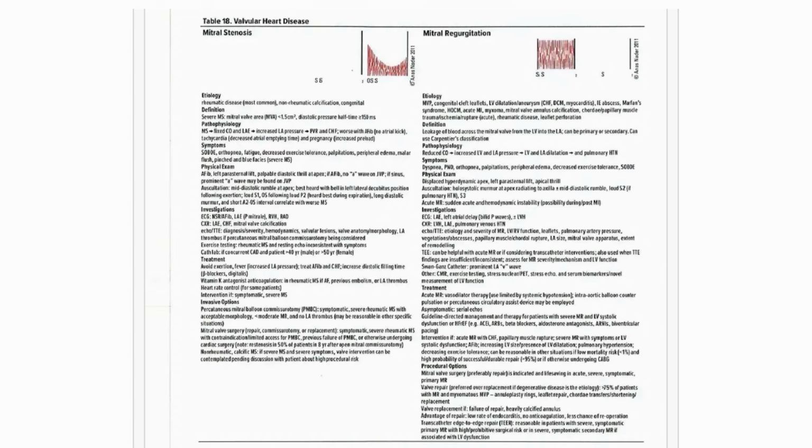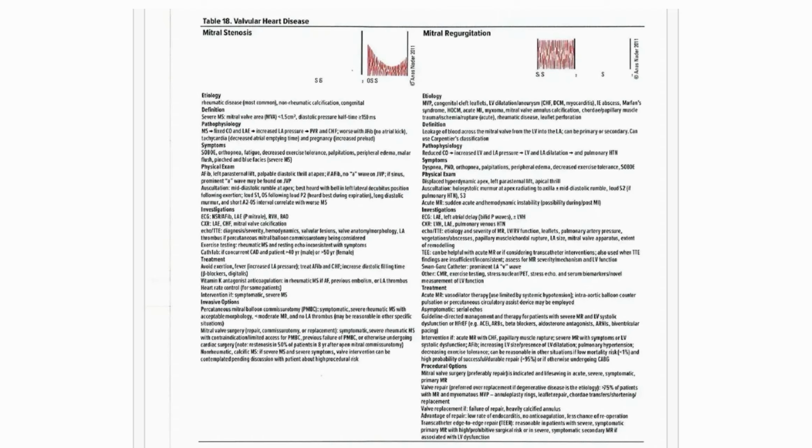Mitral regurgitation. Now, let's move to the right side of the table, which summarizes mitral regurgitation. Etiology. The table lists many causes. Primary causes include mitral valve prolapse, congenital cleft leaflet, infective endocarditis, and rheumatic disease.